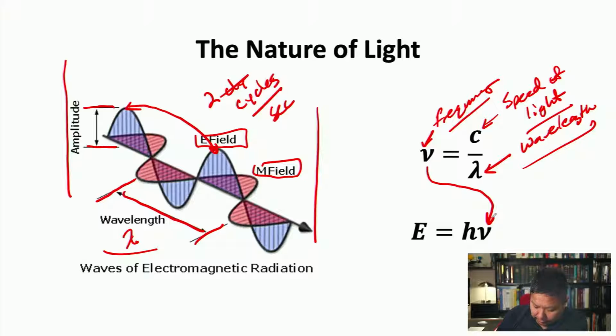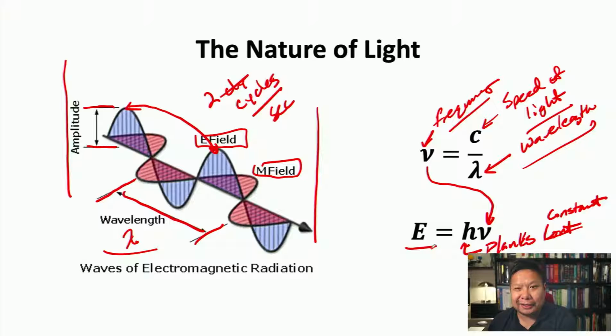And h here is Planck's constant. Not Planck's 'cont,' like continued, but constant. And then you get the energy of the light, right? So this equation here is actually, I think, called the Einstein-Planck equivalency, something like that.